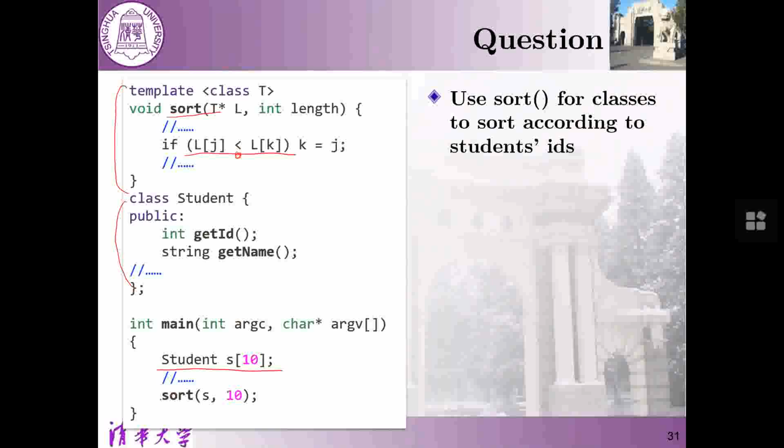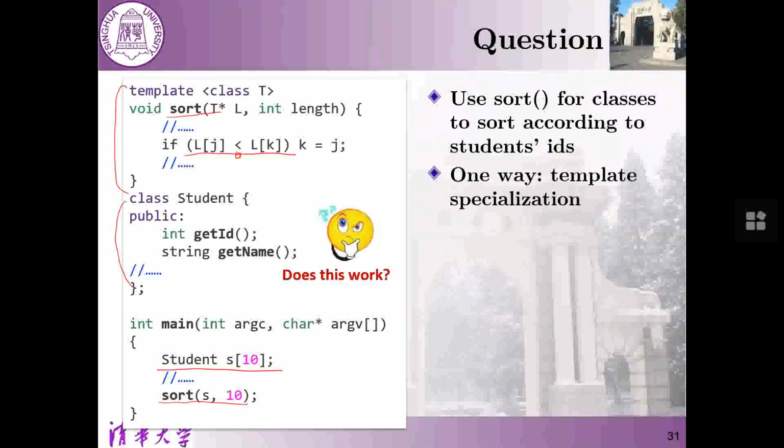Objects. How to sort them? Does it work or not? This is the question. For example, we sort by student IDs. Actually, it does not work.